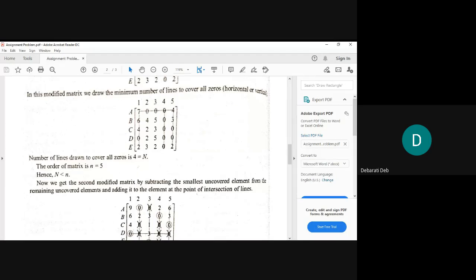You write like that. Number of lines drawn to cover all zeros is N equals 4. Then you write the order of the matrix, small n equals 5.